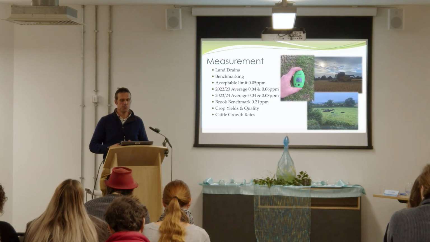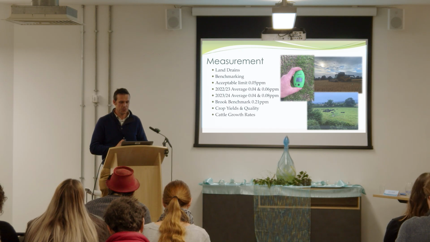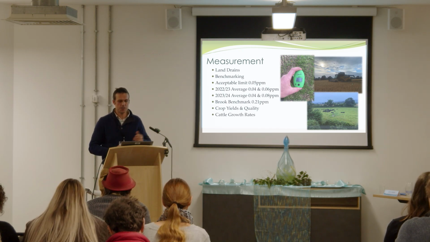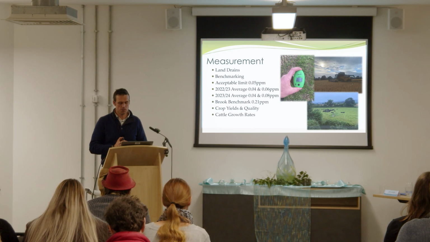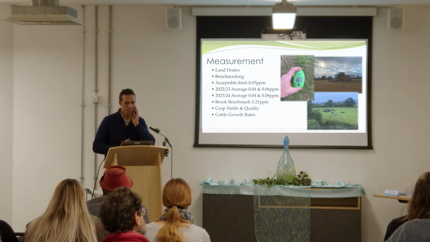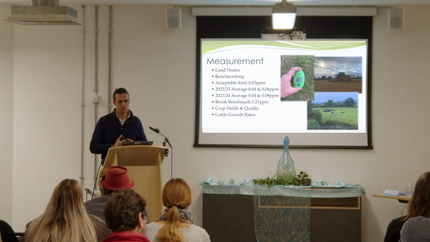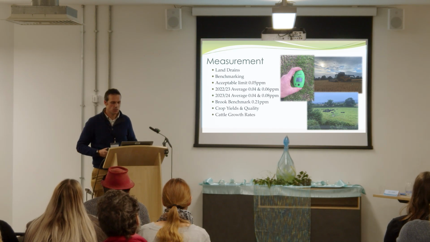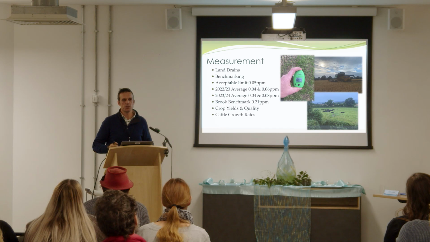But to justify all of this chat, we need to measure what we're doing. Through the Wye Usk Foundation, I've now done 2 or 3 years worth of data collection on measuring the phosphate in land drains and local brooks, to try and see where phosphate's getting in the water and how.